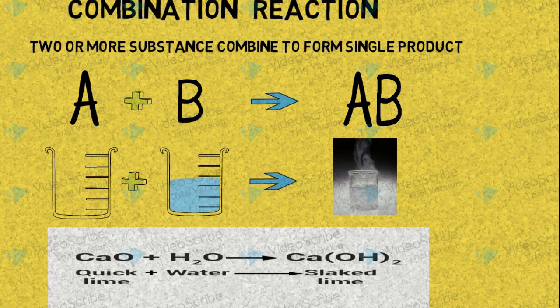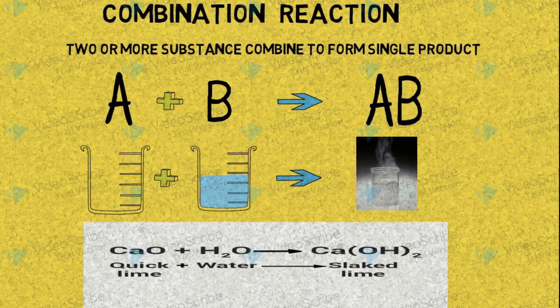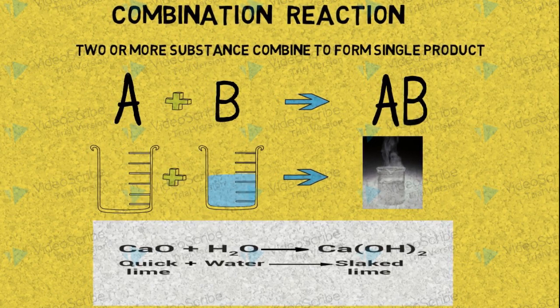Now, calcium oxide is acting like A, water is acting like B, and the product that is obtained is a single combined product of both the reactants. That is why we call this addition of water to calcium oxide a combination reaction.